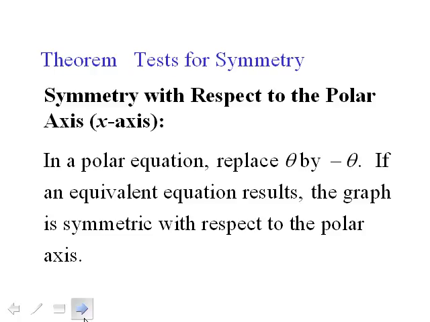The polar axis is out from the pole, and symmetry would be a point here matching a point here, a wiggle here looking like a wiggle here. That's the symmetry that the algebraic effect of replacing theta by minus theta, giving the same values out, shows.